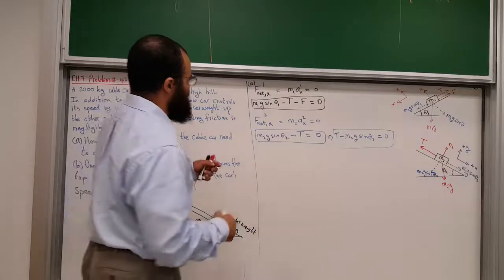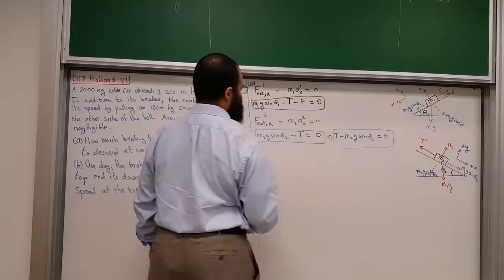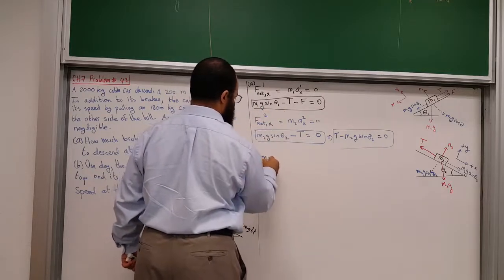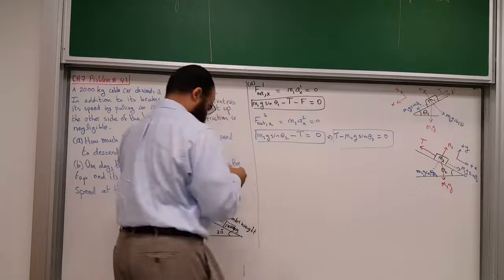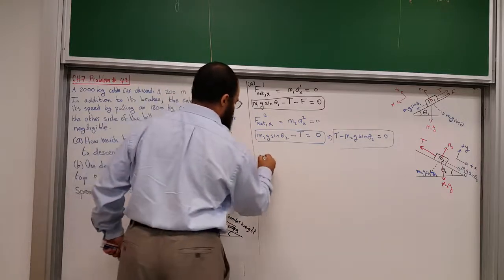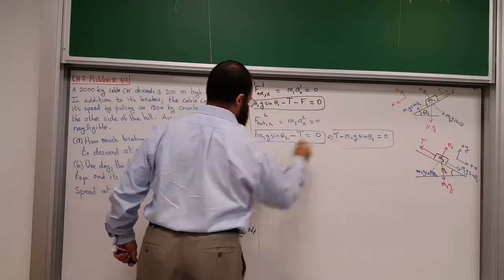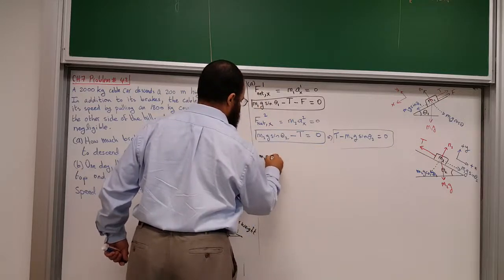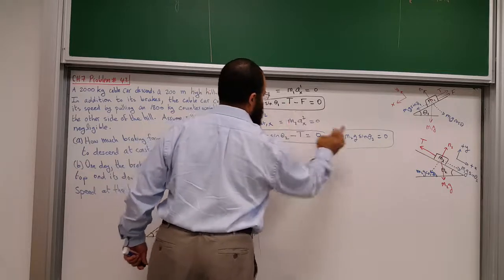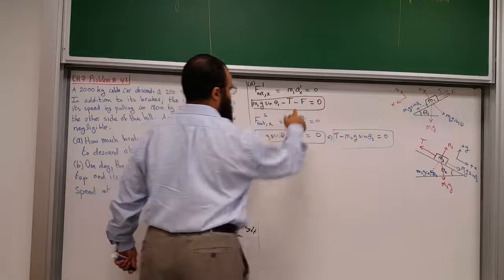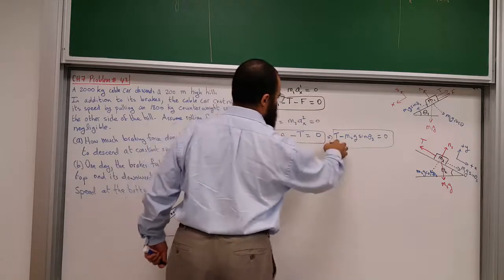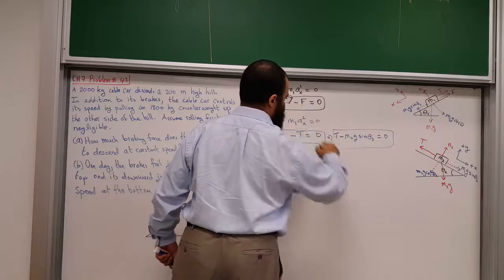So let's add them. When you add them, the tension goes away, and I will just have m1g sine theta 1. Let's write in a different color now. I'm adding this equation to this equation: m1g sine theta 1 minus T plus T equal to 0, so that goes away. And then minus F. The T cancelled with the negative T there.